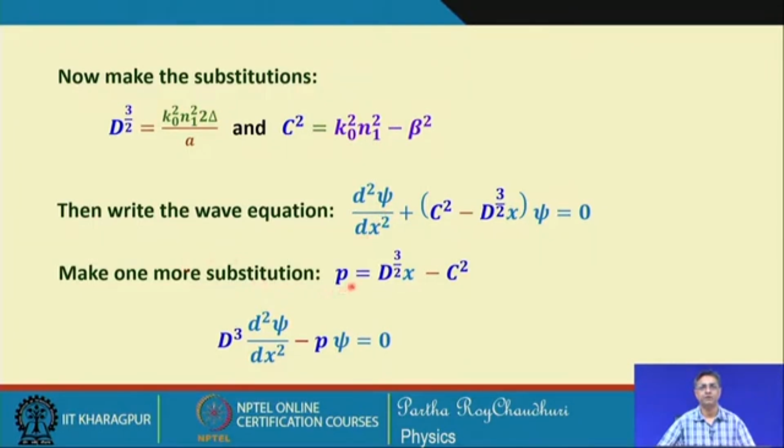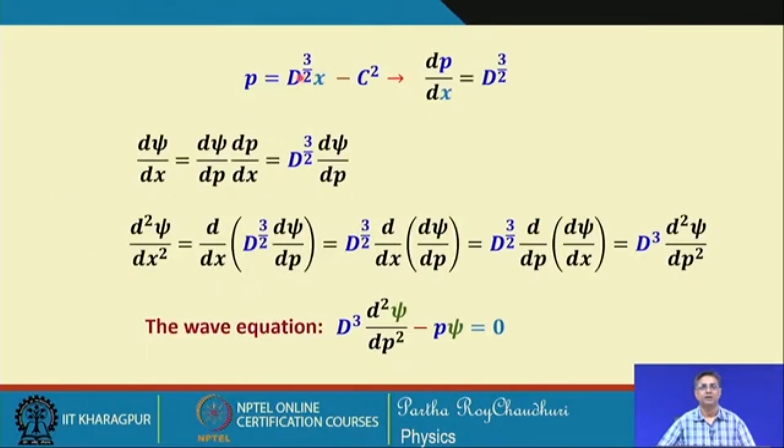Now, one more substitution, because d and c can be represented by one parameter p. So, this gives you this very reduced form of the wave equation. Now, because you have changed the variable, you also have to change the differential equation in terms of this p.